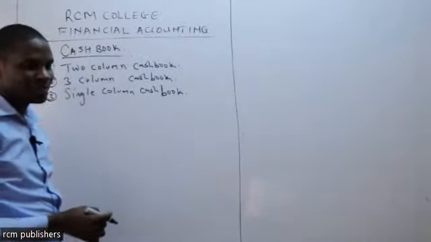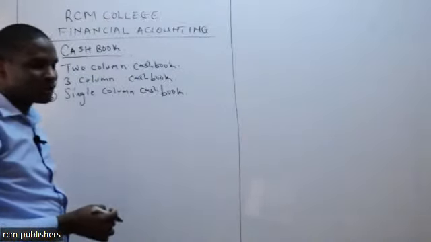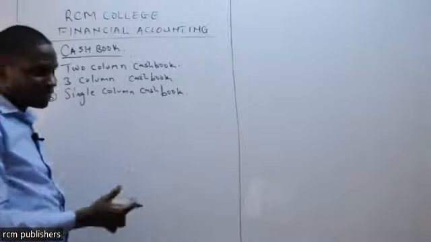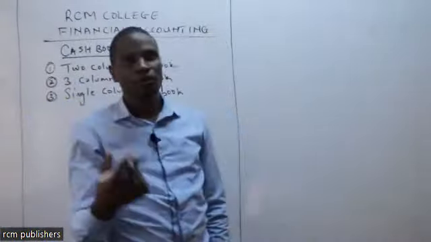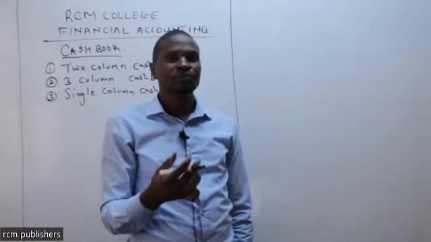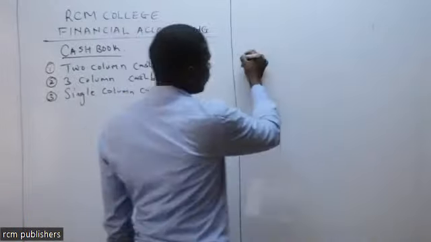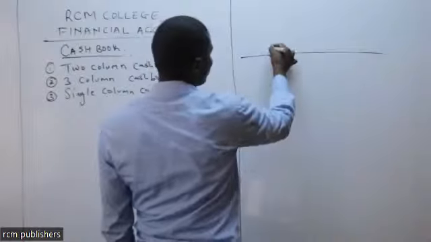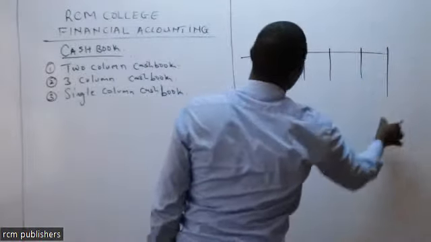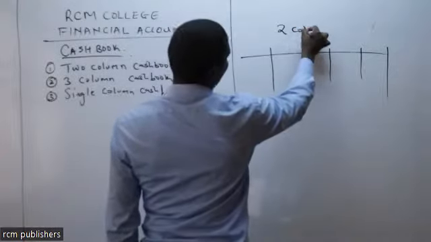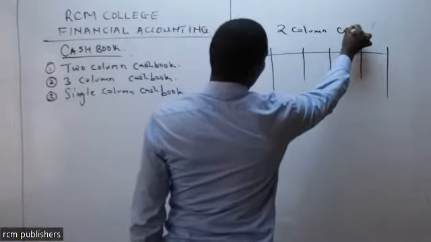You know, when we are talking about the column, for example, if I have a 2-column cash book, this is what you mean. 2-column cash book.